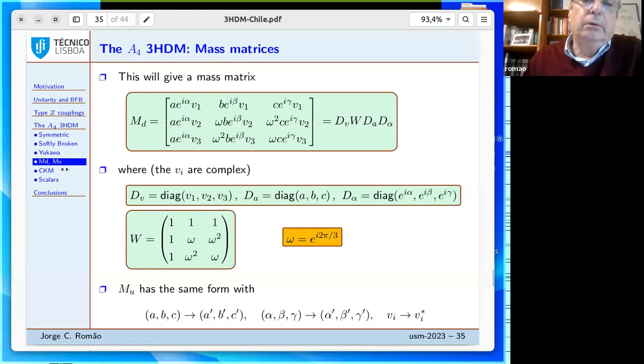Although it would also be possible to have spontaneous breaking of CP, we did not consider that. Here the vevs are complex, and that comes because of A4. A4 has this complex structure, and the solutions will give complex vevs.